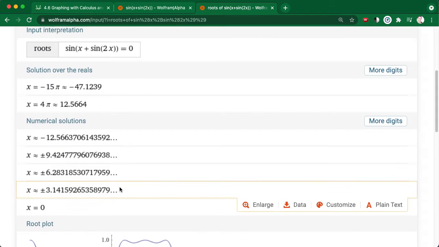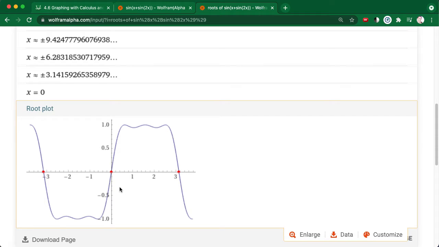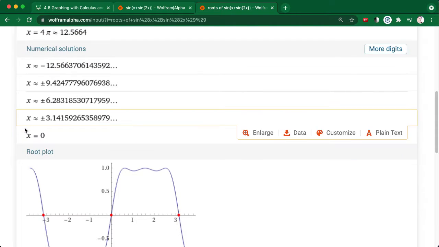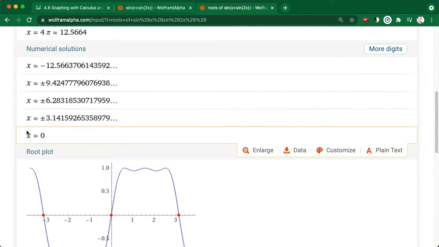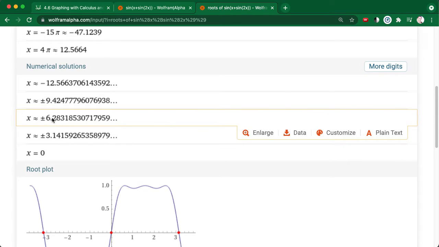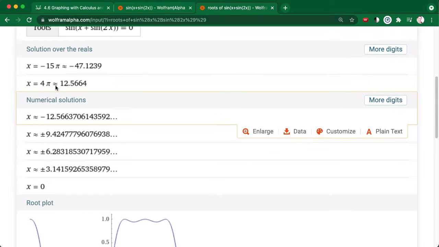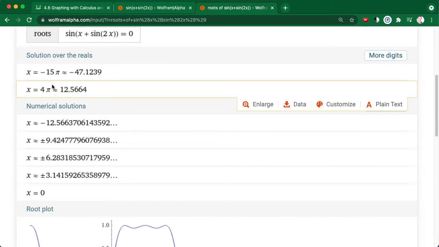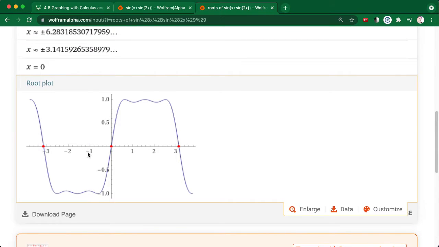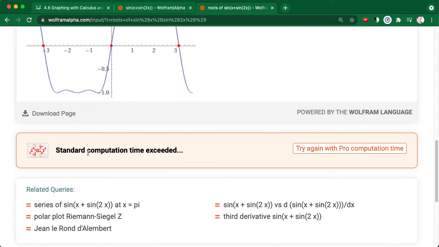It shows negative pi and 0 and pi. So it basically shows these 3 roots, but it looks like this is 2 pi, 3 pi. That looks like 4 pi. But I don't know why they chose 4 pi and negative 15 pi as the ones it highlighted. There's some interesting programming happening behind there.